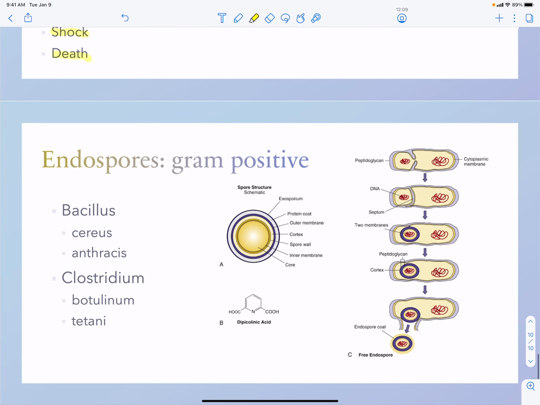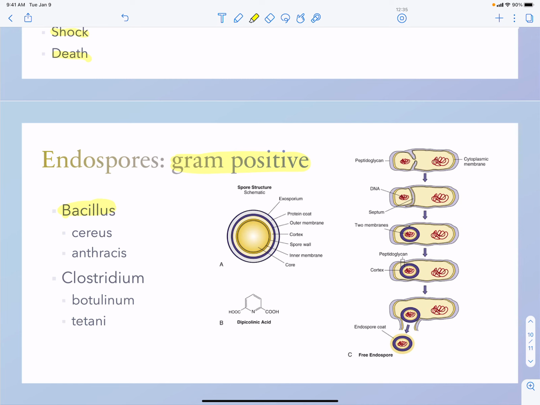Now, the last thing I just want to touch on are endospores. So endospores are going to be from gram-positive bacteria, and there's a few famous gram-positive bacteria that do produce these endospores. And we have our Bacillus species, cereus and anthracis. And so they are going to form these endospores, and they are going to be potentially infectious.